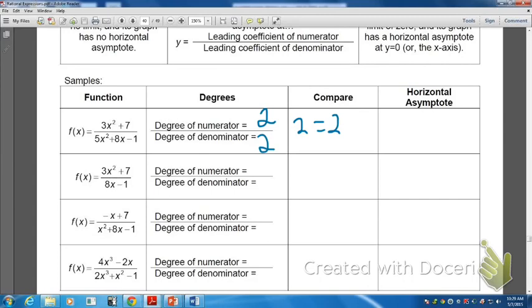Remember, the degree is the exponent. They're both squares. So in that condition, we're going to look at the coefficients. The coefficient of your numerator is 3. The coefficient of the denominator is 5. So that's your horizontal asymptote.